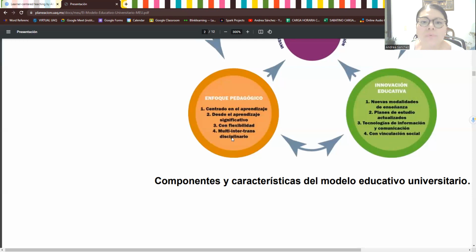Y dice que pues nuestro modelo es multi, inter y transdisciplinario. ¿Qué significa? Que entre las disciplinas con las que cuenta la UAC, por ejemplo, tenemos lenguas y letras con nuestra facultad, o ciencias naturales, podemos hacer trabajos multidisciplinarios, interdisciplinarios, transdisciplinarios, donde colaboremos entre las áreas y podamos hacer cosas nuevas de forma más completa, compleja e integral.